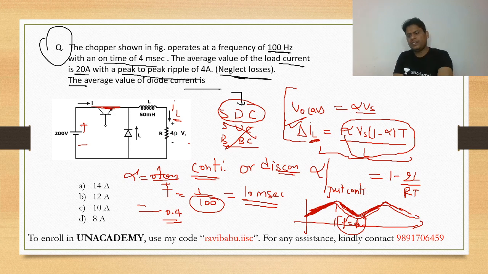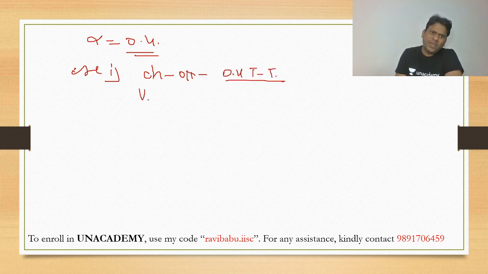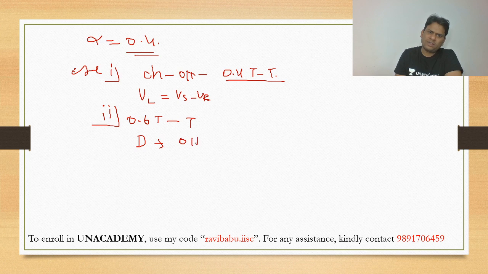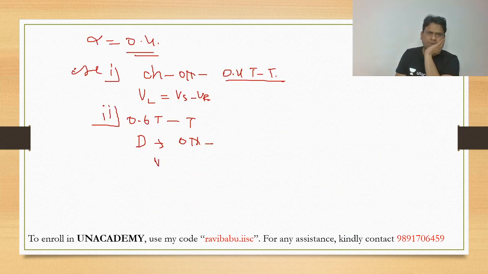So I am going to write in case first, when chopper is on in the range of 0 to 0.4 T, VL is equal to Vs minus VR, and case second, 0.4 T to T, when diode is on, please mind it, chopper will be off and VL is equal to VR.